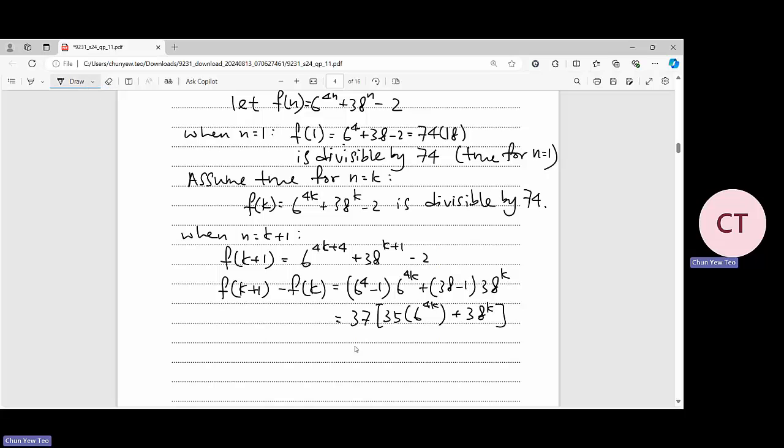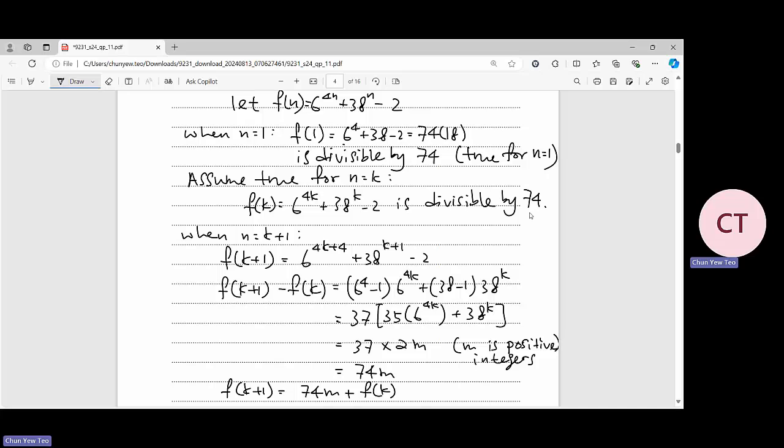You just need to mention that over here, this is 37 multiplied by 2m, where m is a positive integer. Now just mention that 2m is equal to 74m. Okay, so your f(k+1) is equal to 74m plus f(k).